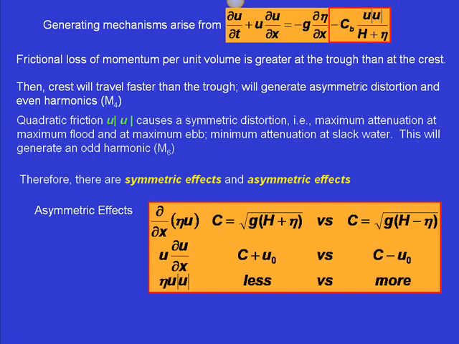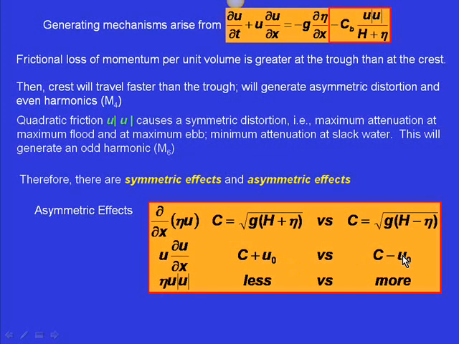The asymmetric effects come from those three mechanisms. From the continuity or mass conservation mechanism, we have an asymmetric effect from the fact that the tidal wave will travel faster during flood than during ebb. The inertial mechanism, the advective mechanism, will cause the flow to be distorted differently during flood than during ebb.